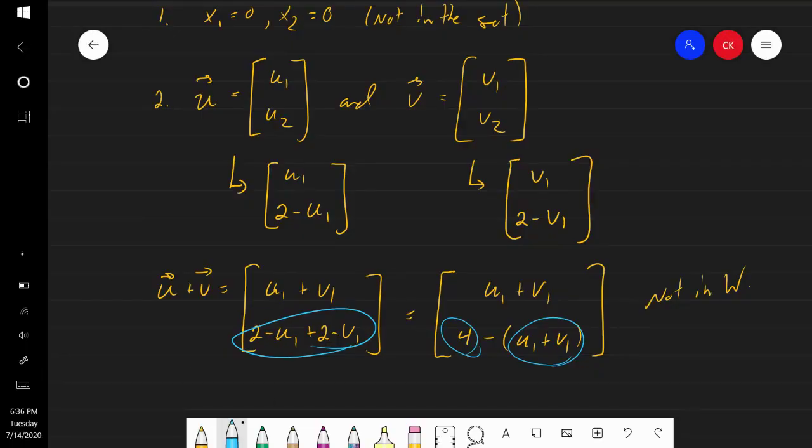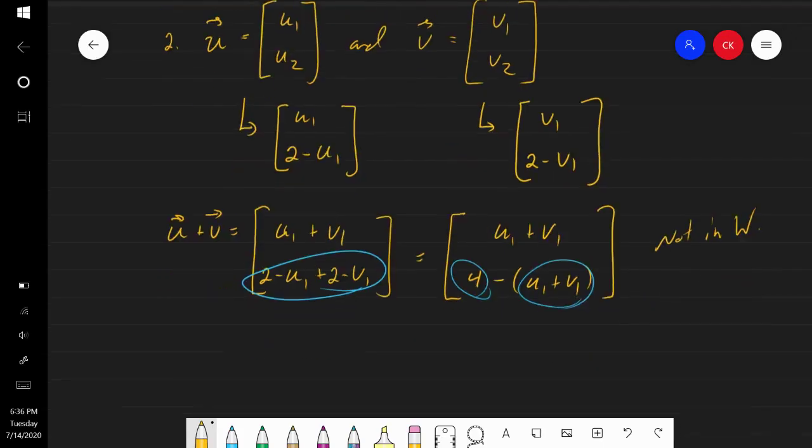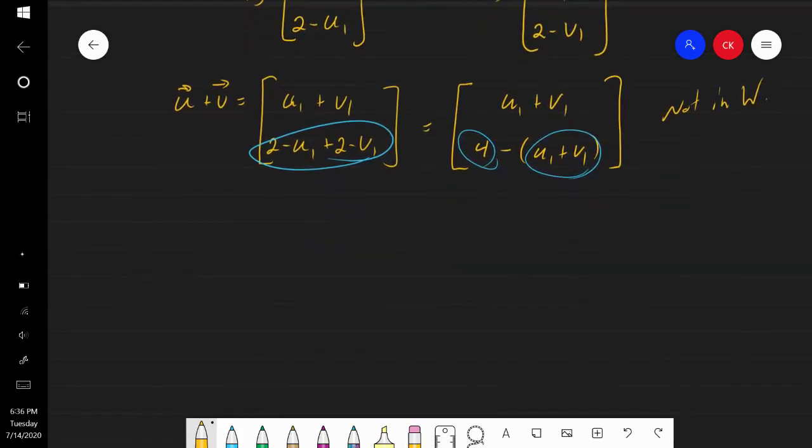And just for the fun of it, I'm going to go ahead and work through the third condition just so we see what happens with that and get the practice for it as well. So again, this is our scalar times our vector u. So here that would look like a times u1 and a times 2 minus u1.